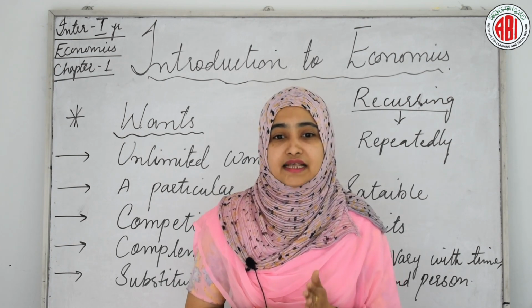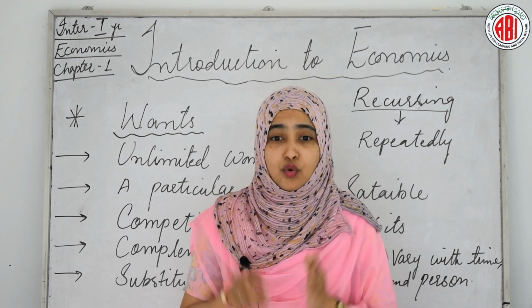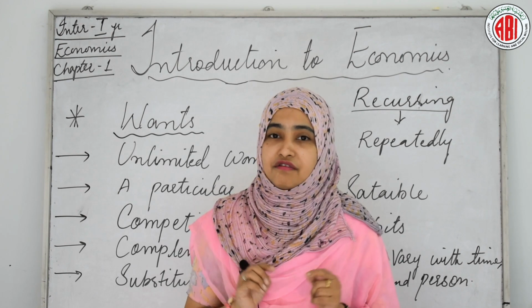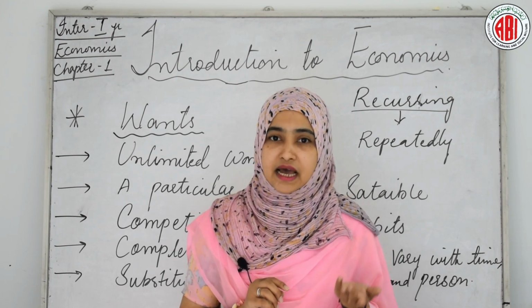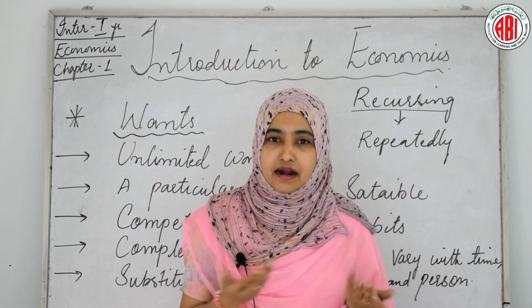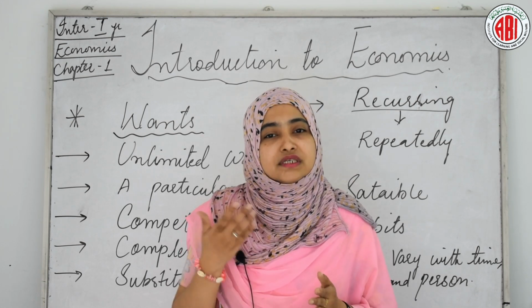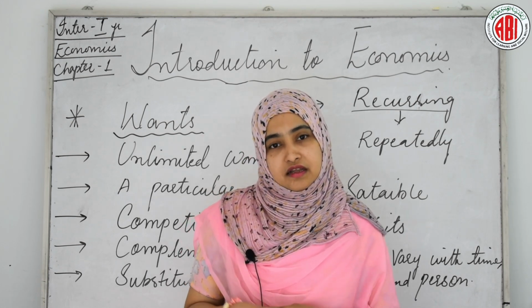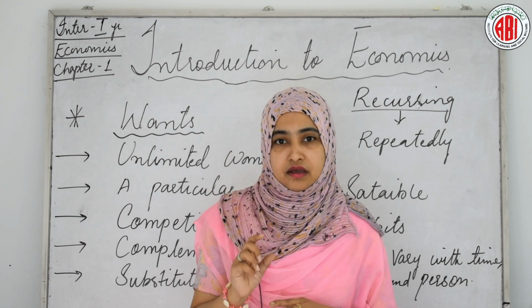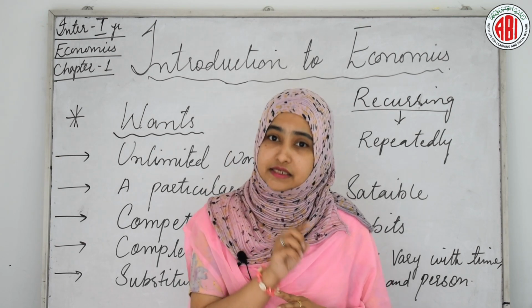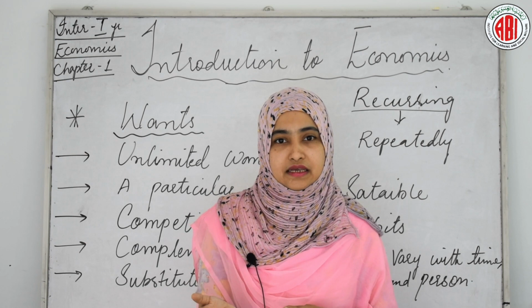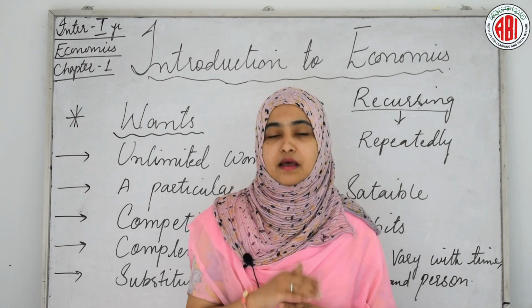A person can satisfy his wants with various commodities. For example, if a person is hungry, he can eat rice or fruits to satisfy his hunger. This is not a particular thing. He can fulfill the want with another thing. That is only substitution.